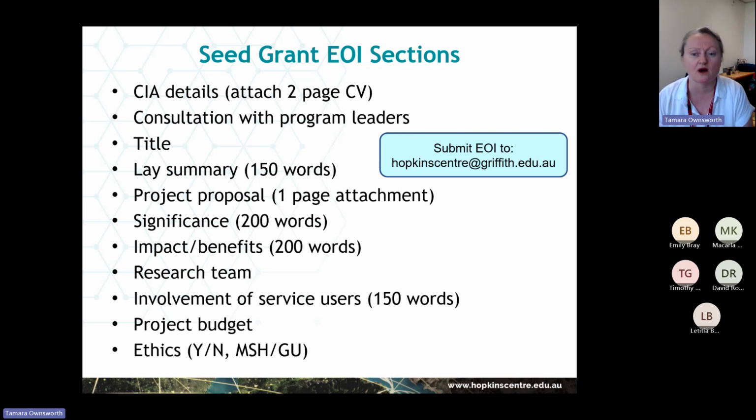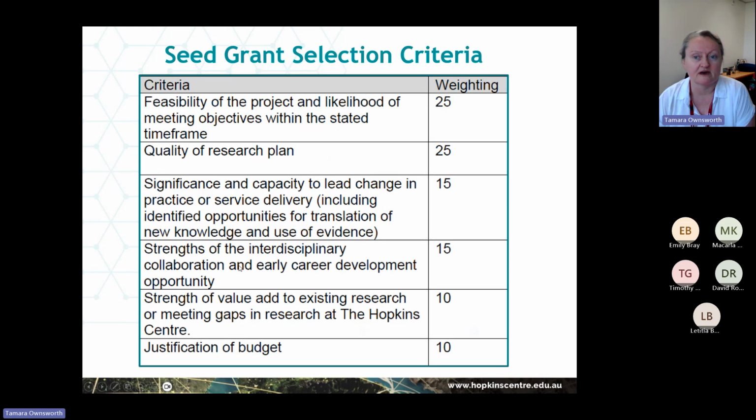And so you submit the EOI, which is due February 16th, to the Hopkins Centre email. We have a panel who will review each application, and then they'll provide comments and scoring that will allow us to gauge the merit of each application, and also its strengths and weaknesses, so that we can provide feedback to people to strengthen their application if they're invited to proceed to the full round.